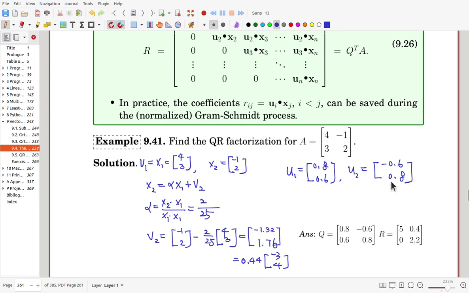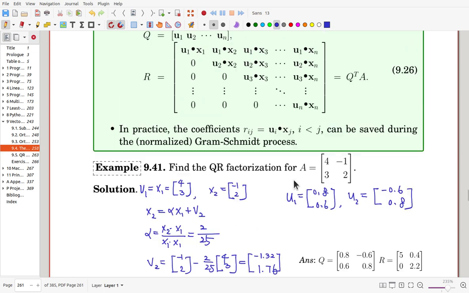So these make orthonormal bases, and the collection of them is Q. Q is here. Now you can get R quite easily by using the formula, or just simply multiply Q transpose by A, then you can get R. Either way, you can finish the computation. So you can finish it yourself.